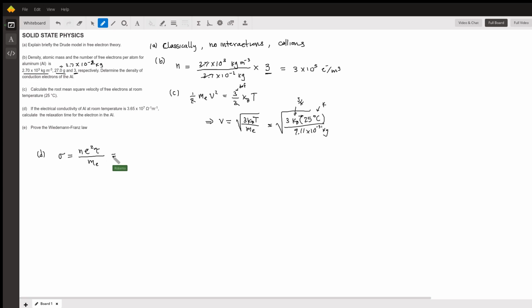Plugging this in, n is the n that we found before, per meters cubed. This is the charge of the electron, e, should be 1.6 times 10 to the minus 19 coulombs squared. We don't know the time. And then the mass of the electron.